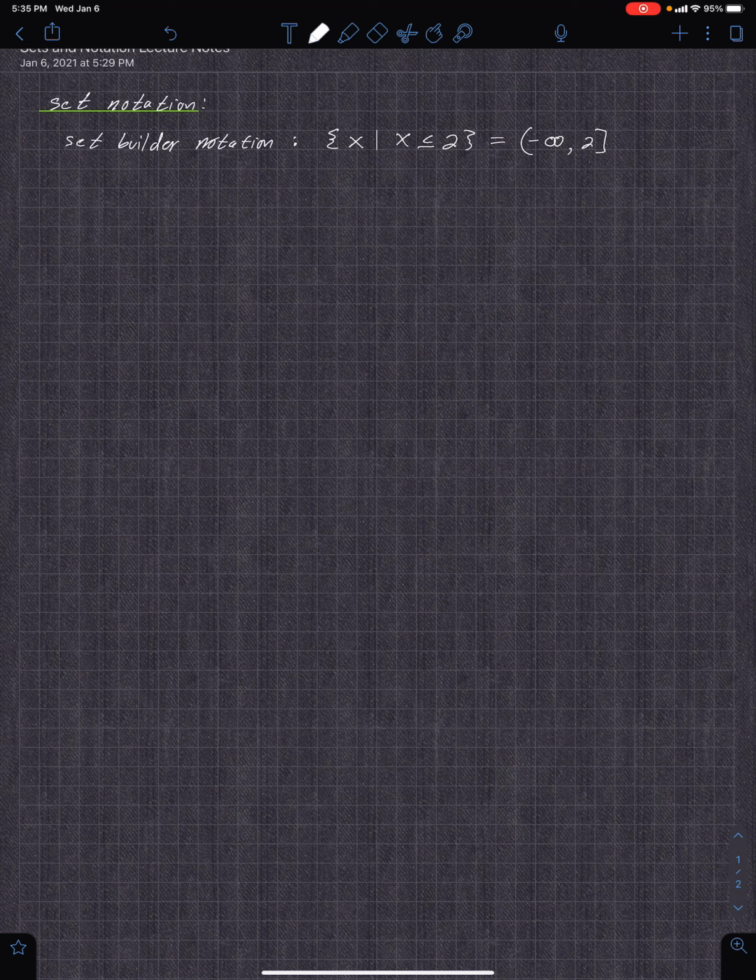Okay, and that's read: the set of x such that x is less than or equal to 2.